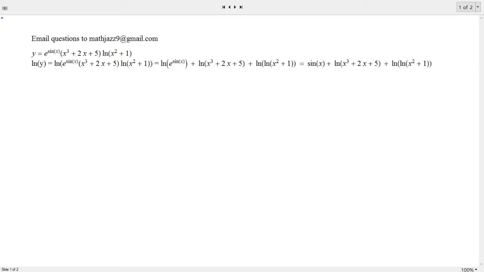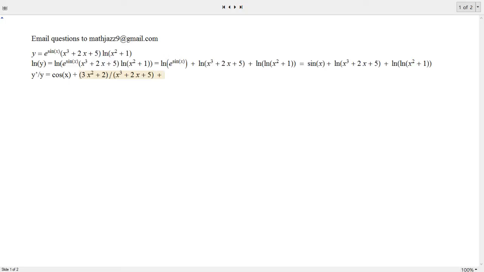So we get y prime over y is equal to the derivative of sine, which is cosine of x. The derivative of x to the third plus 2x plus 5 is going to be 3x squared plus 2, and we divide by the original function, which is x cubed plus 2x plus 5.